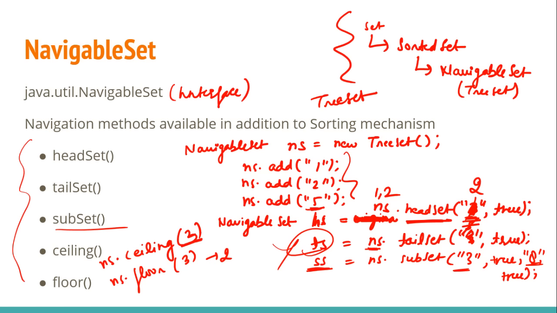You can use any other parameter that you like, based on your program requirement, etc. I just had added 3 elements into the list in my example, so I used 3 to show you that if you have 3, head set will give you 1 and 2, that is lower than 3. Tail set will give you 5, that is greater than 3. All right.